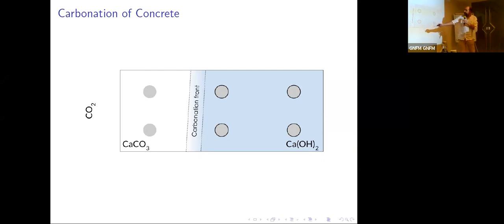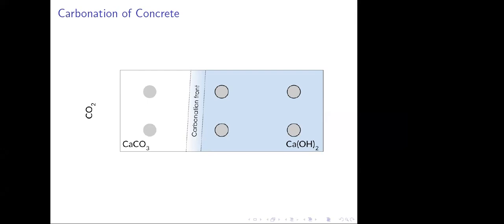Moreover, the carbonated region is very acidic. This destroys the protective film around the steel bars. And this, as already discussed by Francesco Freddi, causes cracks in the carbonated side.